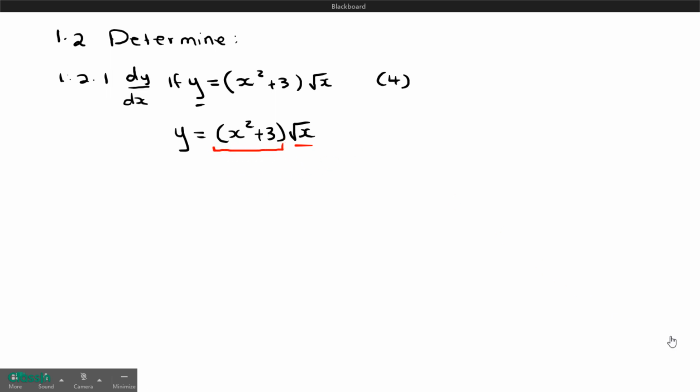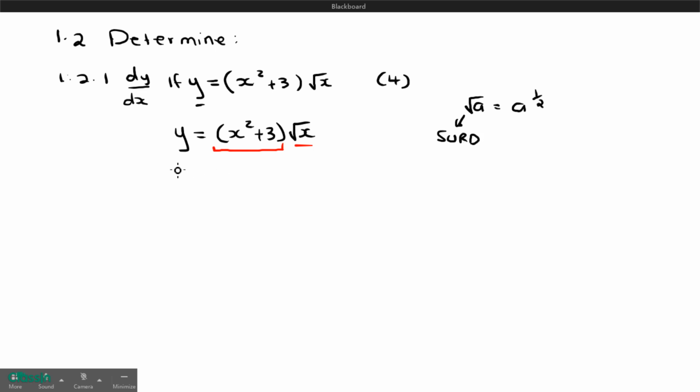Therefore, we need to change the square root of x into exponential form. And we know that root of a is the same as a to the power of 1 over 2. So according to the laws of exponents, this is an example of a surd.